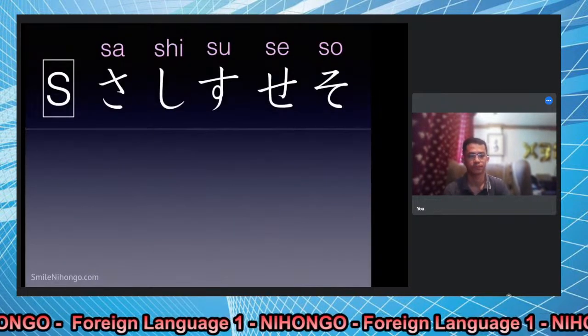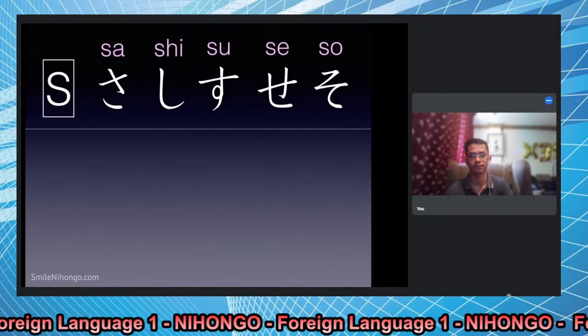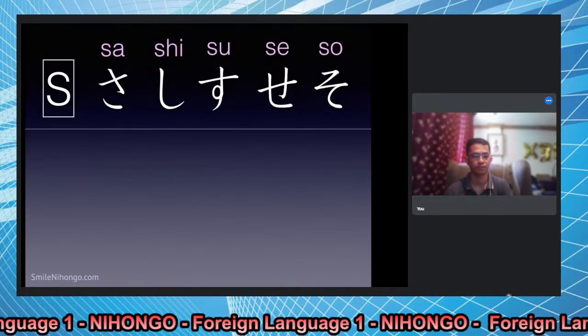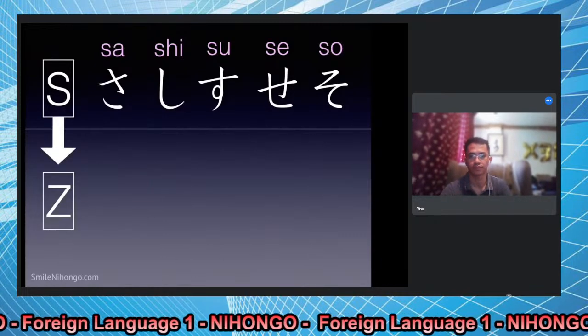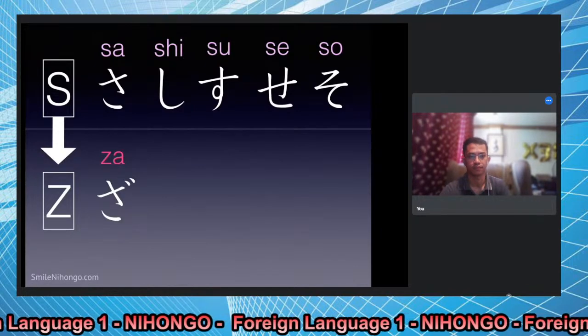You can do the same with the consonant S group, sa, shi, su, se, so. If you want to convert them into the Z sounds, you know what to do, right? Right.